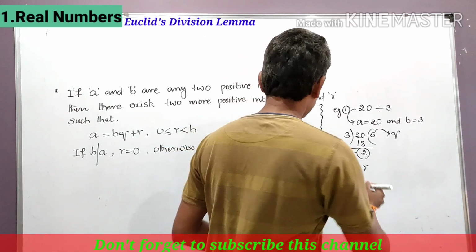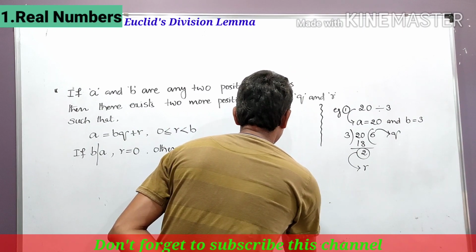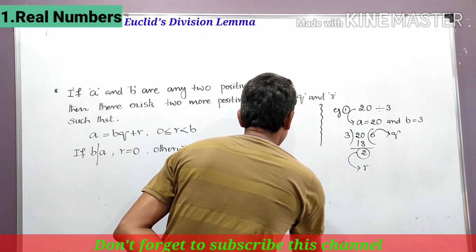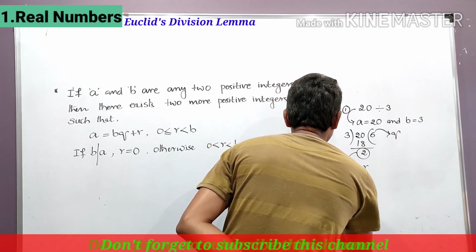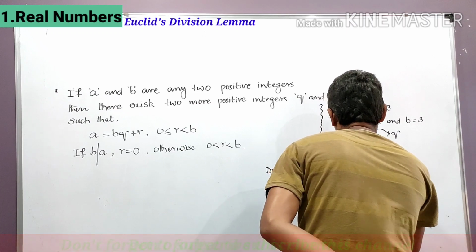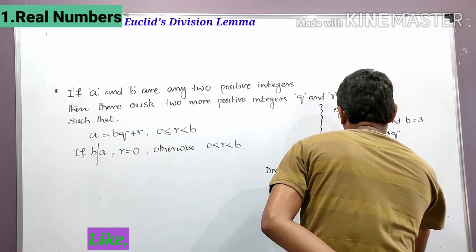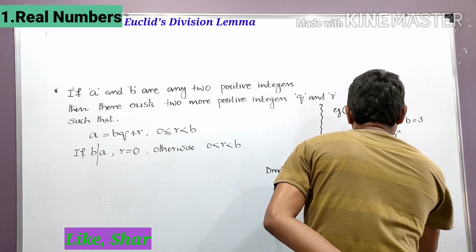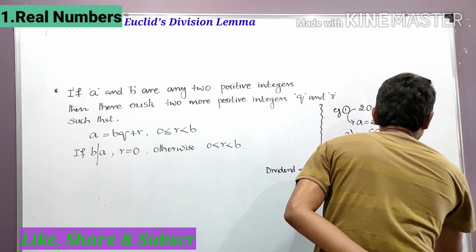So simply, student, what is the division rule? Dividend is equal to divisor into quotient plus remainder.